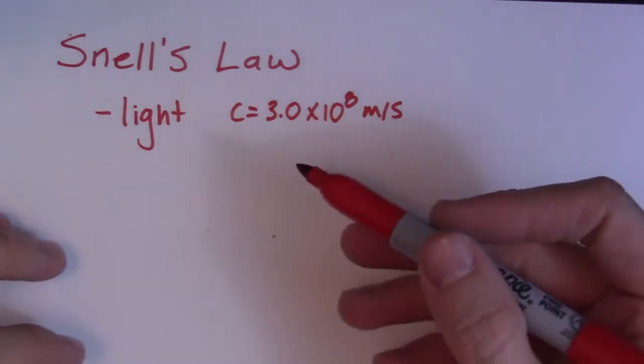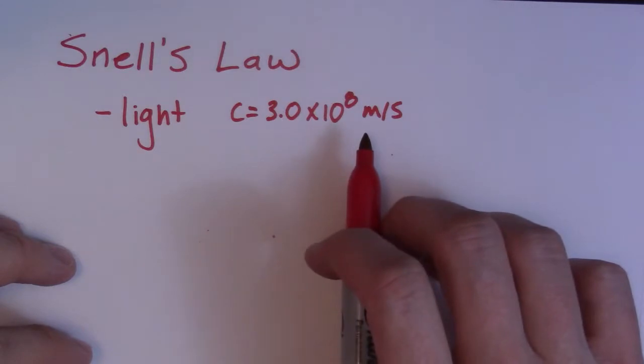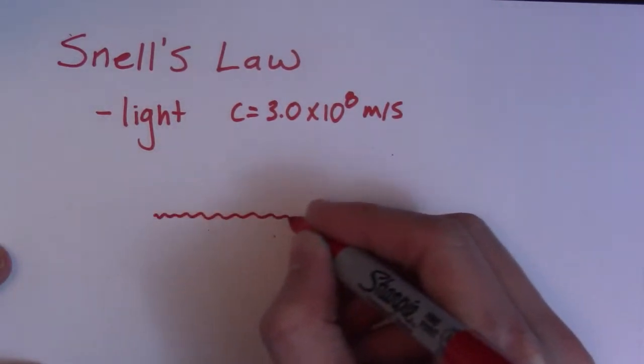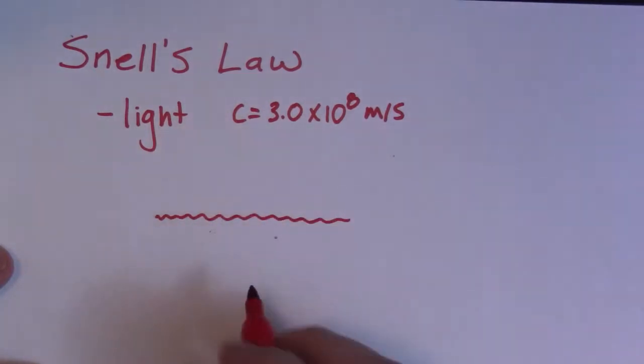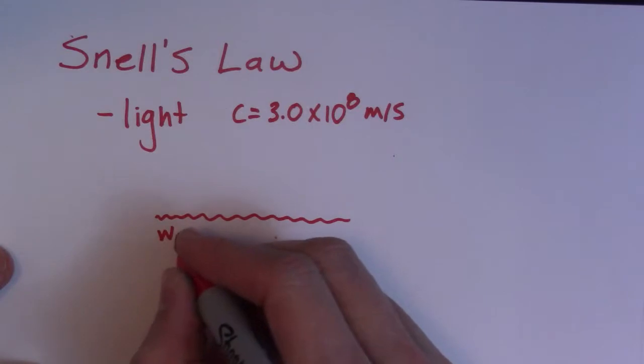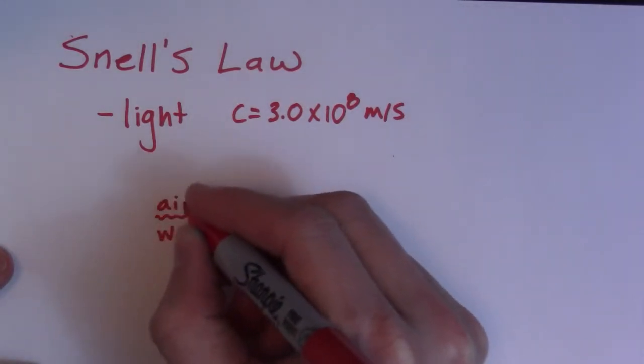So what ends up happening here is we get a bending of the light. If you have, say, water right here, and this is air.